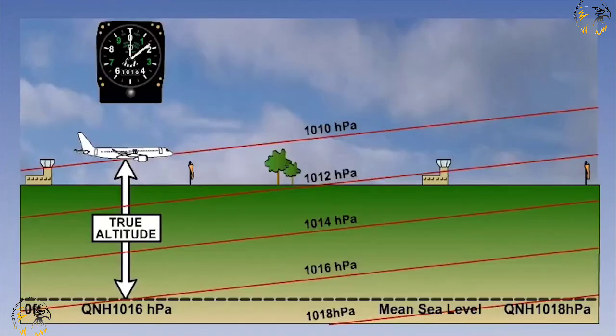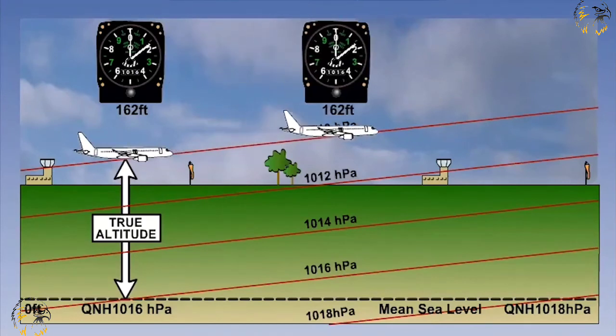Let's look at another situation. Watch what happens if the destination QNH is higher than our departure airfield. Notice that the isobars now slope upwards. If we were to maintain a constant indicated altitude, we would have to follow those isobars upwards.